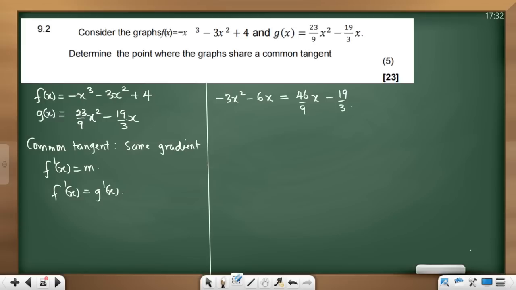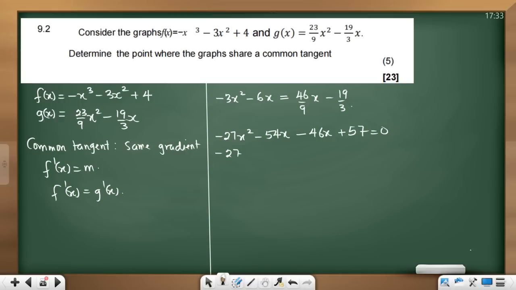To make life easy, let's multiply everything by 9. 9 times 3, negative 27x squared minus 54x. Now this is 46x, bring it over here. Then 19 over 3 times 9 is negative 57, but I'll bring it over, simplify and bring that over.